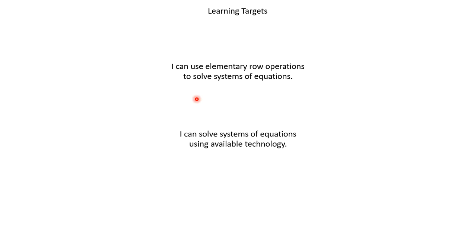We are going to use these row operations to solve systems of equations. Now, in the past couple topics, we learned about Cramer's rule, which I can give you questions where you have to use Cramer's rule. You don't have enough information otherwise. I don't give you the system of equations, I only give you the determinants.